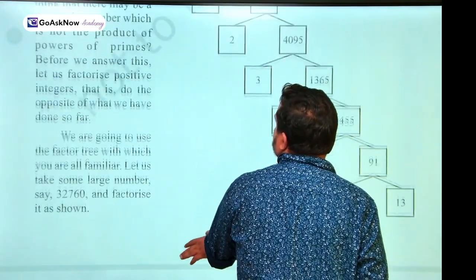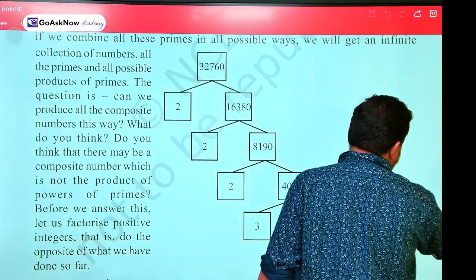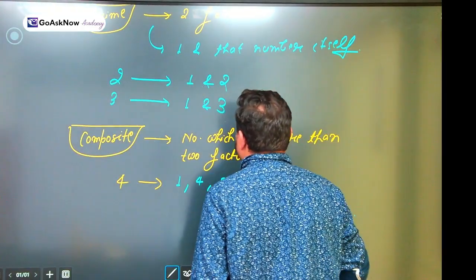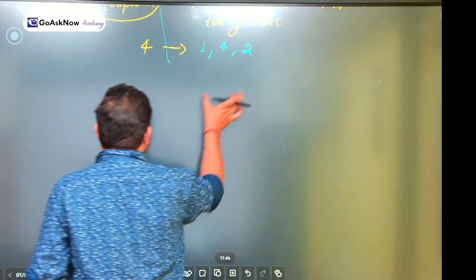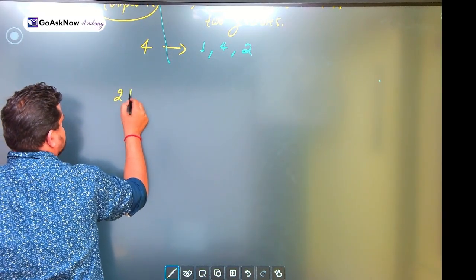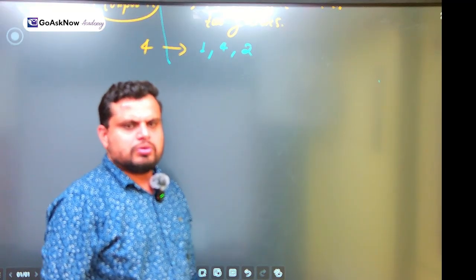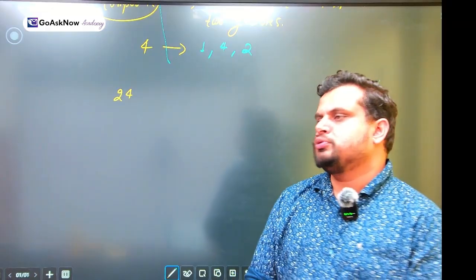They have taken some long example, but first we will try to discuss it with some short examples. Let's take a very short number, that is 24. Is 24 a prime number or a composite number?